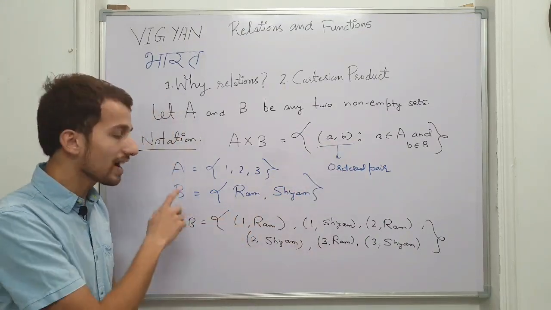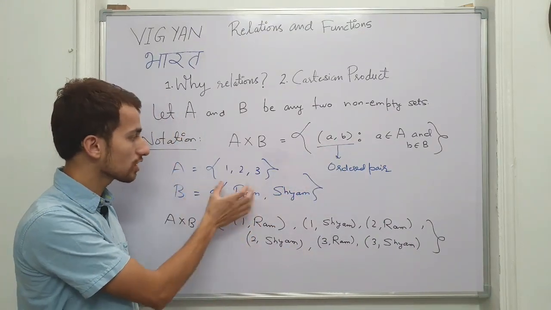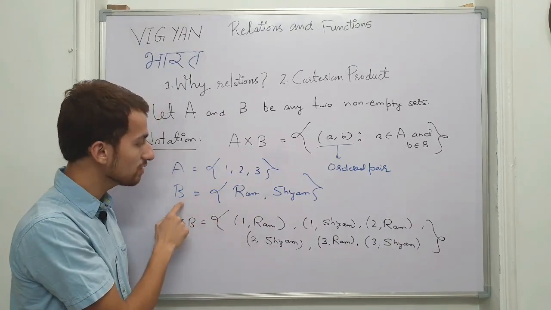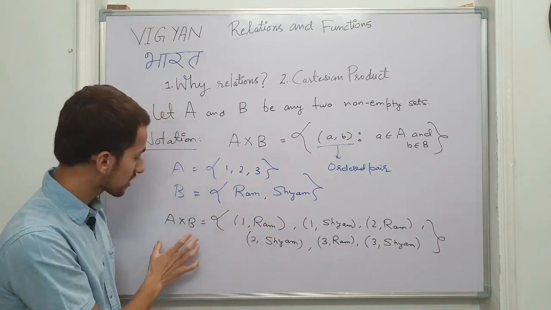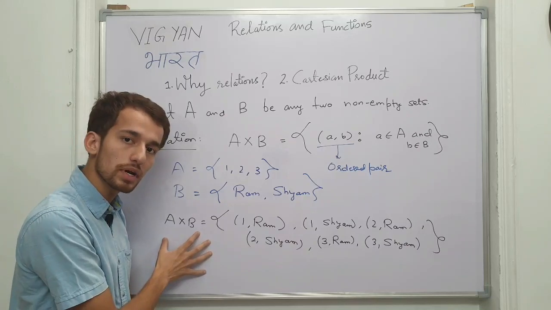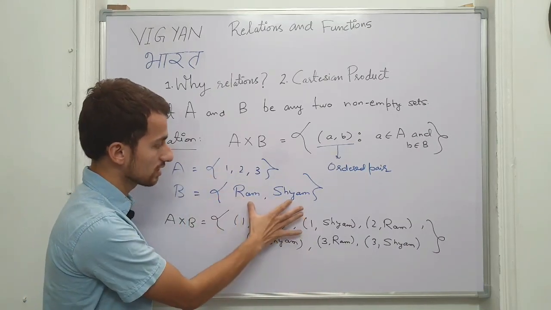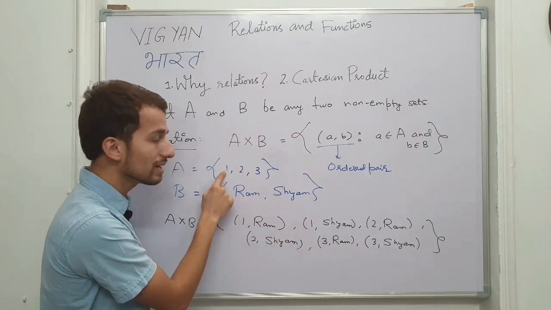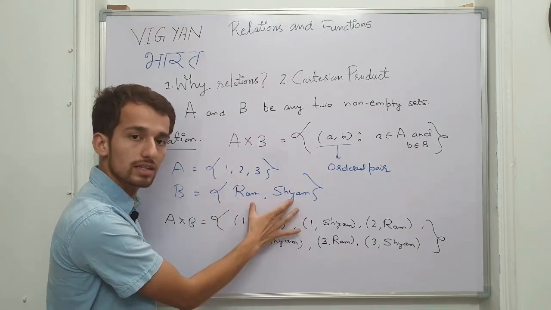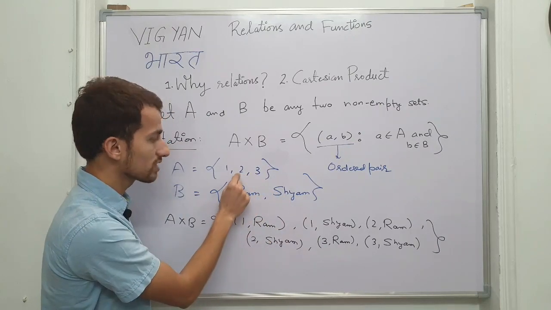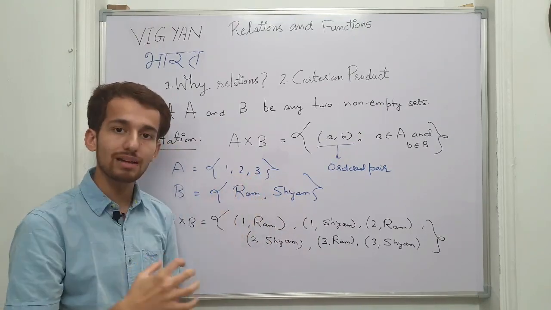I hope you now get clarity on how this collection is defined in terms of the elements of the corresponding sets. In our case, the set A consisted of the three elements 1, 2, 3, and the set B consisted of Ram and Sham. First we took the first element and its possible choices. There are two choices for element 1, similarly two choices for element 2, and two choices for element 3.